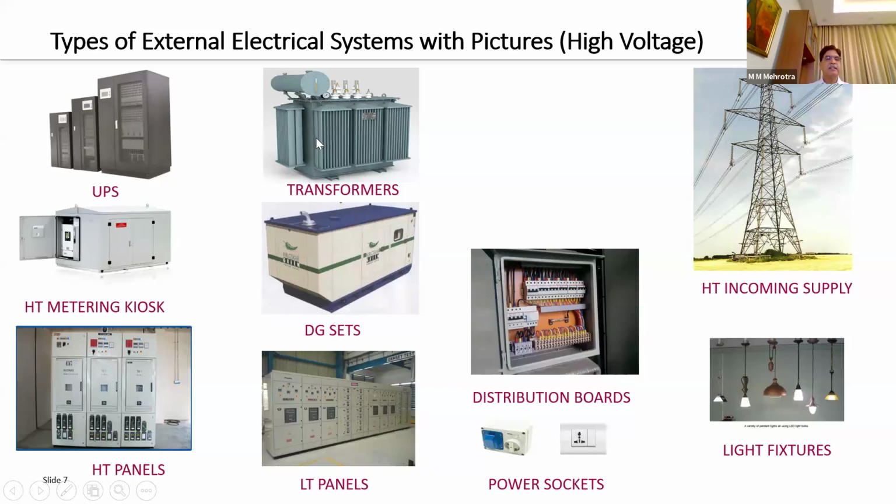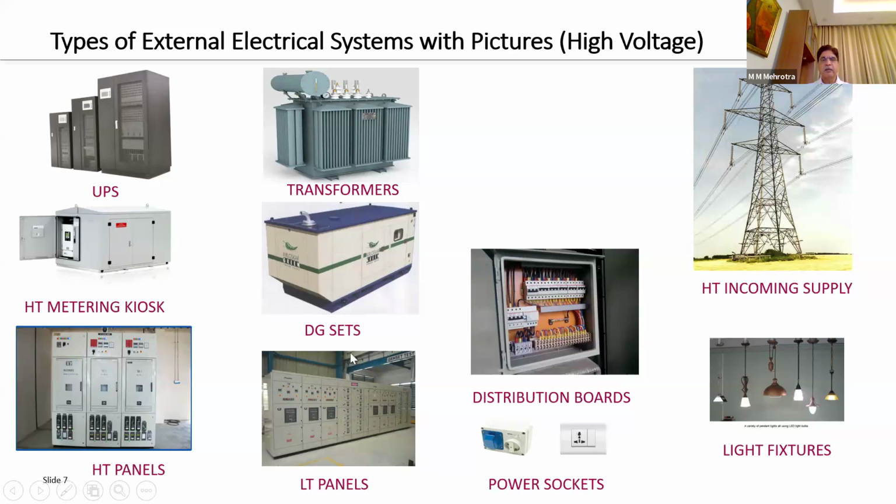So from the transformer it goes to LT. There will always be a circuit breaker at the incomer, and then there will be outgoing circuits. Then the DG set is connected to this LT panel. It will provide supply whenever electricity supply from SEB is off.